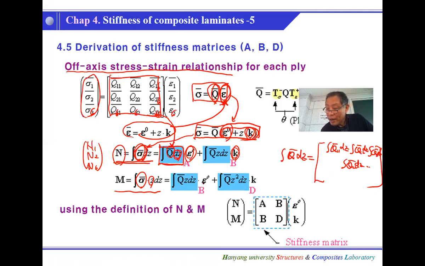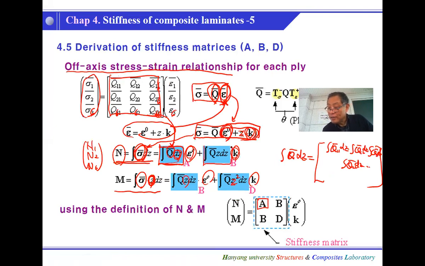So we have also constant terms and linear terms. But here, please pay attention, we have a z multiplied here. So we do have a z, and we had a z here, now we have a z square. Right? So this one, 3 by 3, you can call the A matrix.